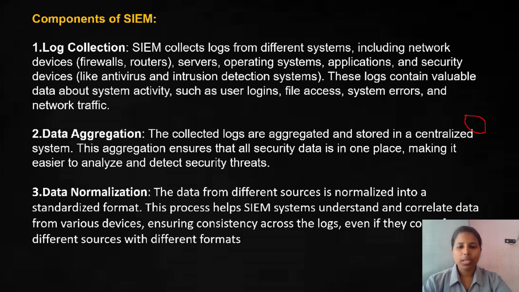Data normalization means that we first collected the data and then kept it in a centralized way, but since it came from different sources, we have to make it a standardized format so we can collect and analyze everything easily. It helps us understand and correlate the data from various devices, so it will be easy for analysis purposes.